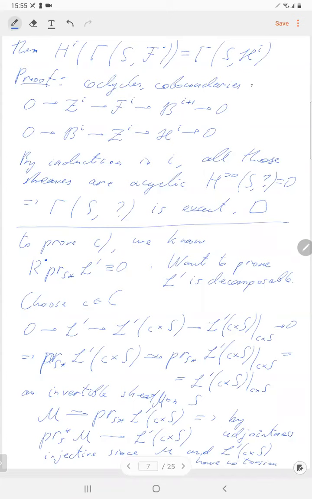Okay, I mean, if it had a kernel, this kernel must have been a torsion sheaf, but those are just line bundles, invertible sheaves, no torsion. Okay. So, but what you derived by adjointness? The existence of this morphism on the surface. Yeah, from existence of the morphism on the base curve S, I derive the existence of this morphism on the surface.